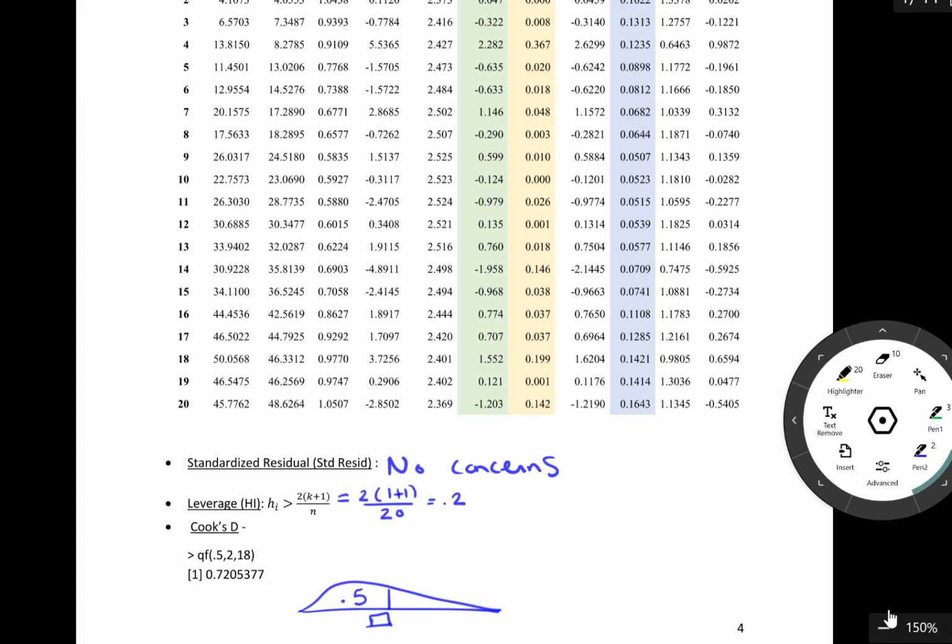Recall for Cook's D, the first degree of freedom was equal to k plus 1, which in this case is 2, and the second degree of freedom is n minus (k plus 1), which in this case is 18. Here is the R code to find that endpoint, very similar to what we did at the beginning of the semester. The value of Cook's D that we're going to compare to is this value right here.